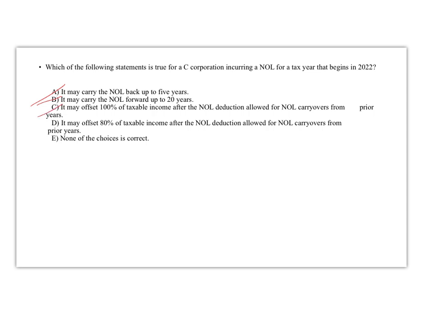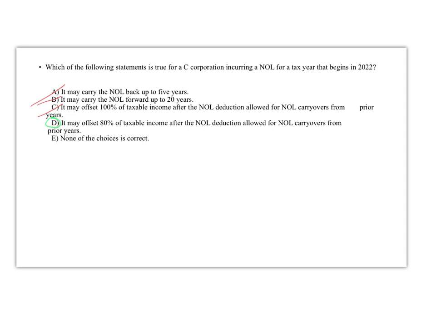And then we have D. D is where it gets really, really important to read what's going on. And D, as it turns out, is the correct answer. So we're going to circle D. It may offset 80% of the taxable income after the NOL deduction allowed for NOL carryovers from prior years.